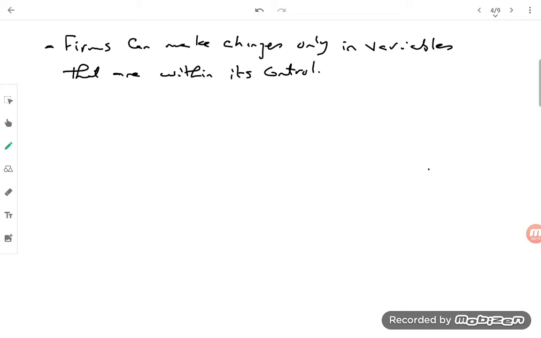For each firm alone, prices are given. So this means that firms have no control over prices.